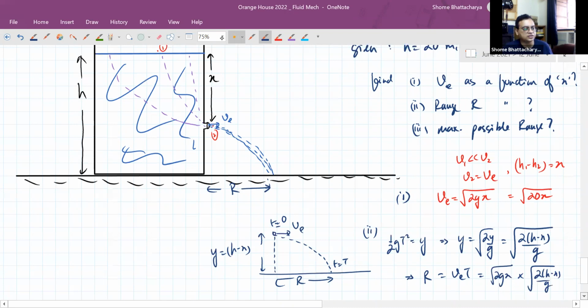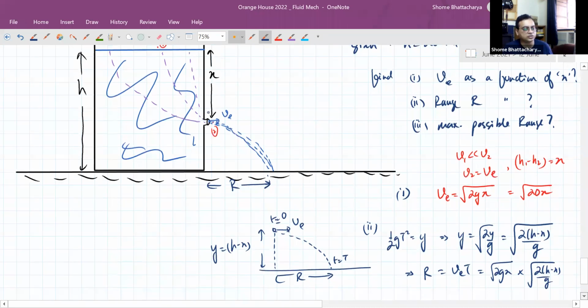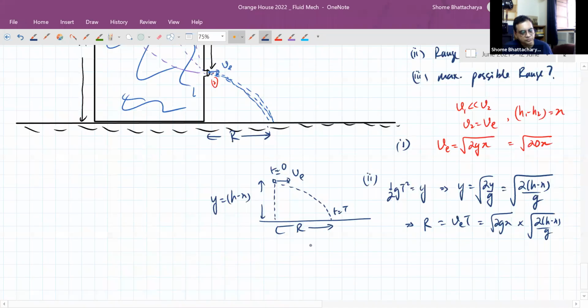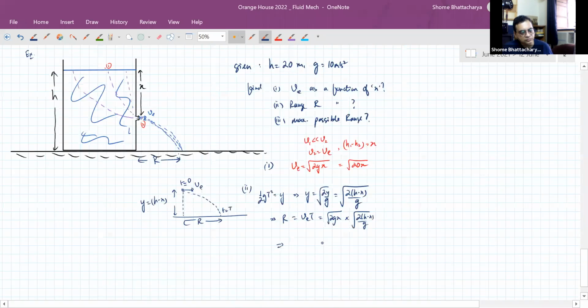So as a function of x, the range becomes like this.